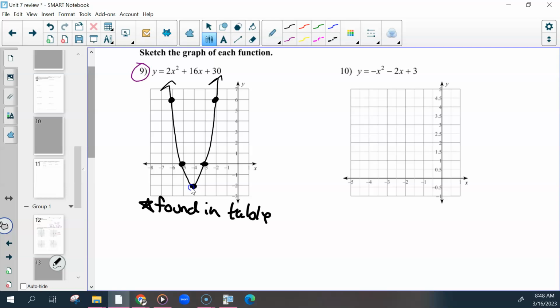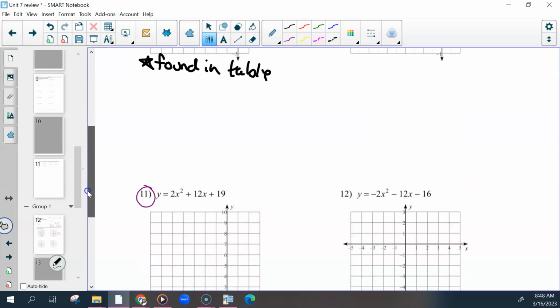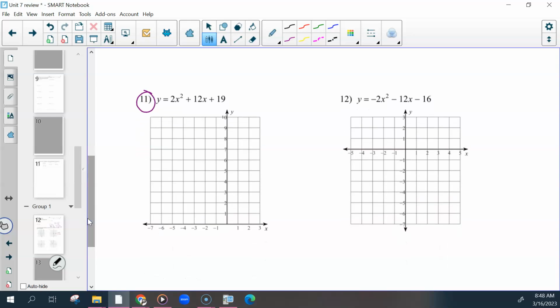Okay. For 11, algebraically or on the graph? Sure. So algebraically, we need x equals -b over 2a. So this would be -12 over 2 times 2. So -12 over 4, which is -3. Then find your y value by putting that back in.